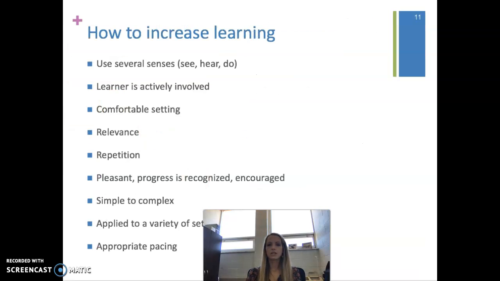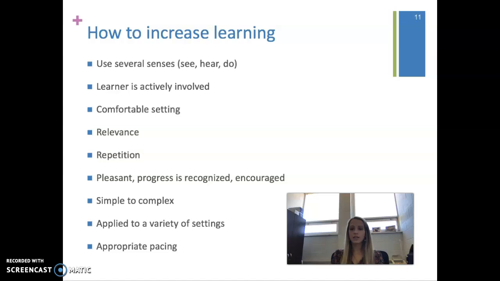All right, so how to increase learning. As I mentioned, everyone learns differently. You may be more visual, you may need more tactile, more hands-on learning. So use different senses: seeing, hearing, doing. Make sure that the learner is actively involved, right? Make the setting comfortable for the learners.